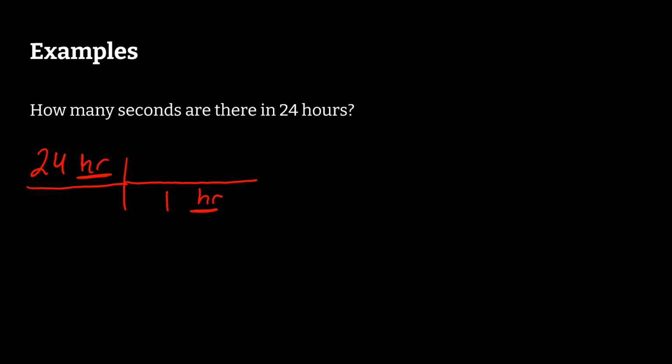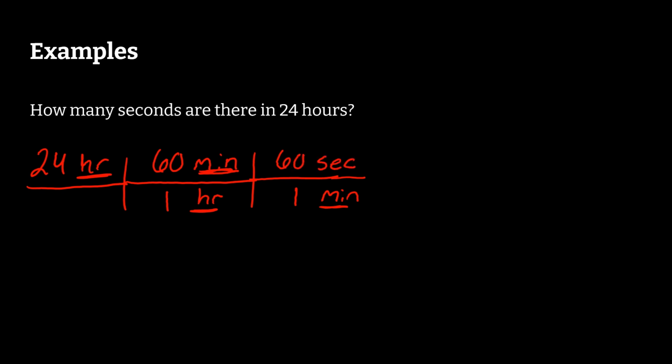So within 1 hour, there is going to be 60 minutes. Now that we're in minutes, we're able to convert over to seconds. So we have minutes on the diagonal that will cancel out. 1 minute will be equal to 60 seconds.